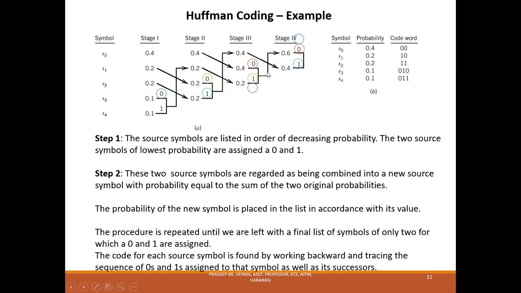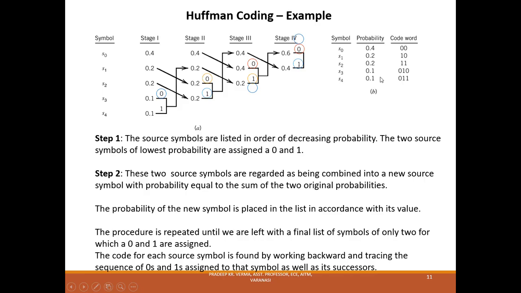Similarly, we can trace back this to the final stage 1, and we will get the code words as follows, as shown in figure B. For S0 it comes out to be 00, for S1 it is 10, for S2 it is 11, for S3 it is 010, and for S4 it is 011.